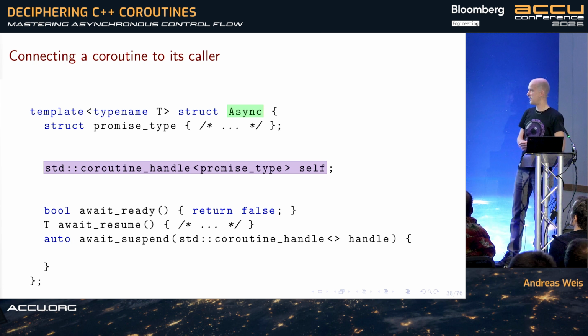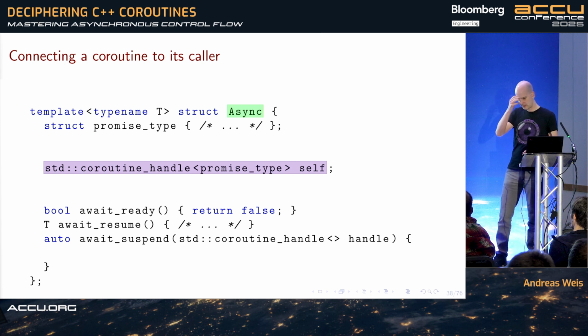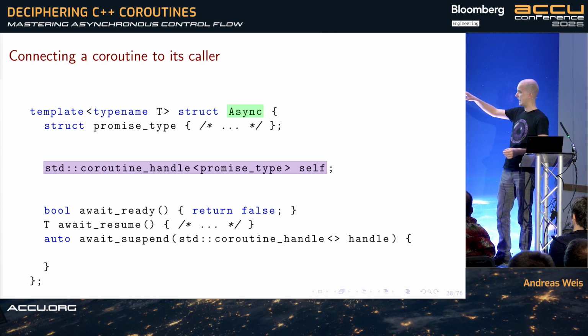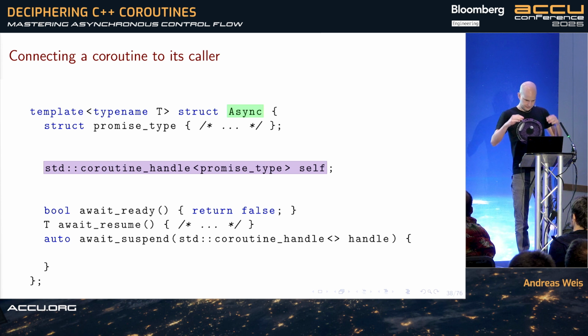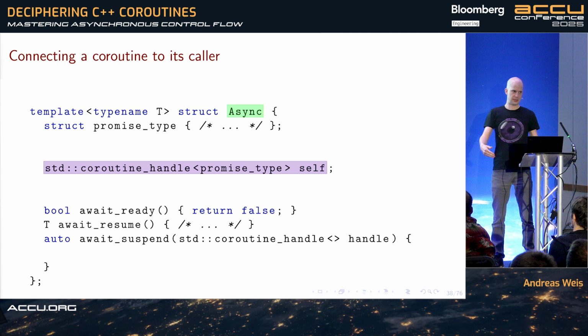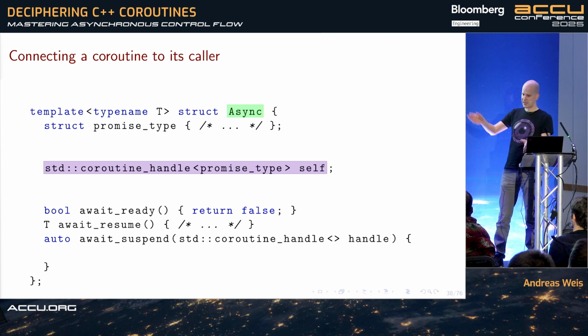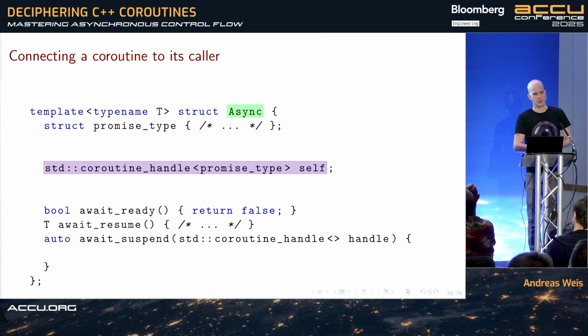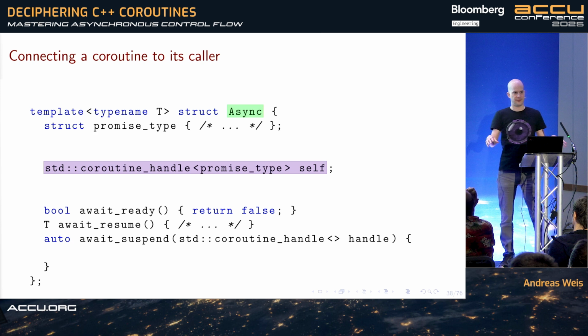But the await suspend, here we notice something interesting, because the thing that the await suspend gets as a parameter is a coroutine handle. But think what this coroutine handle is, right? Await suspend is the thing that controls what happens before the coroutine goes to sleep. But which coroutine goes to sleep here? This is the outer function, right?